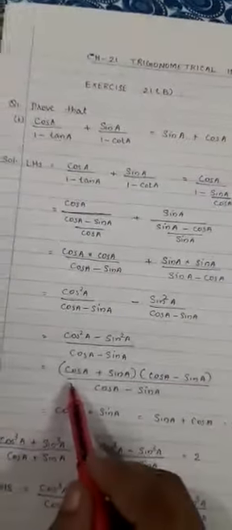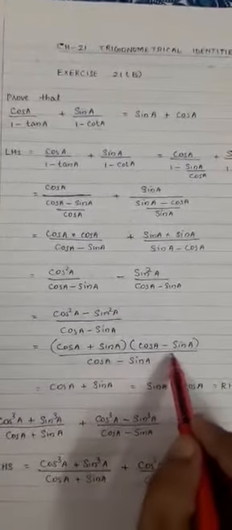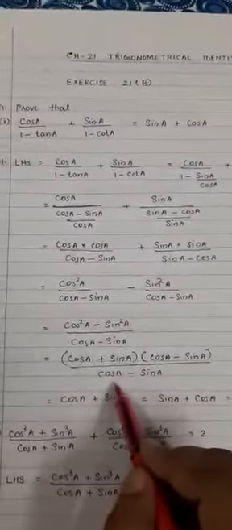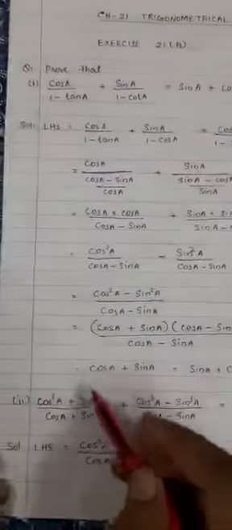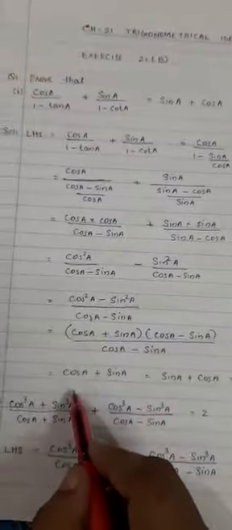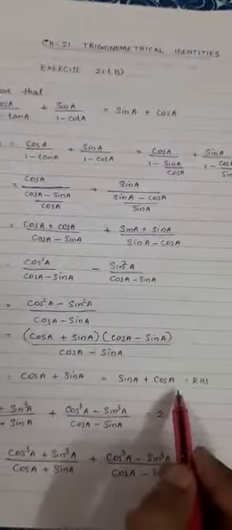So this becomes cos A plus sin A into cos A minus sin A divided by cos A minus sin A. Cos A minus sin A cancel. So this is equal to cos A plus sin A, that is equal to RHS.